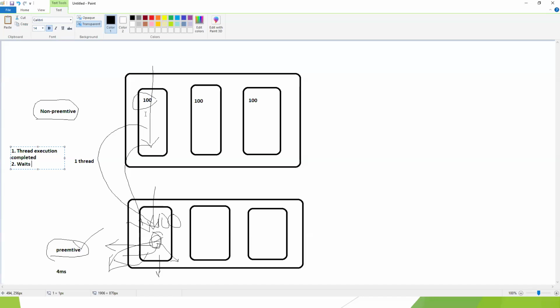So what I mean is, if the thread is waiting for some resources, it will come out of the CPU and go back to the SQL scheduler. Whenever it needs some resources, the query will go out of the CPU, right?